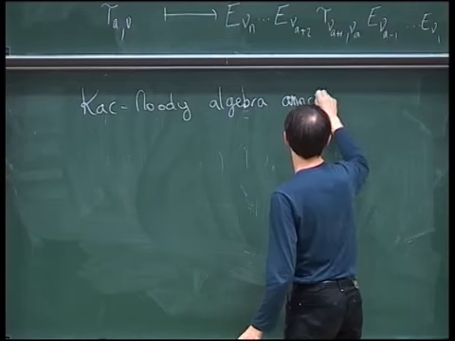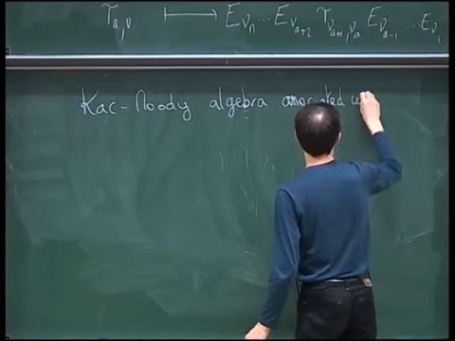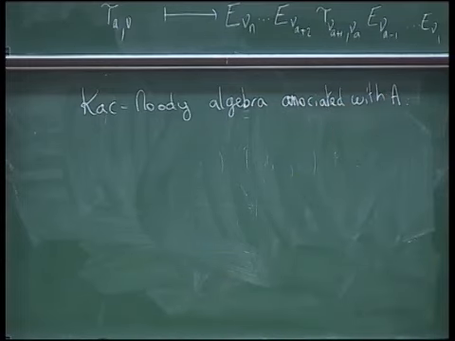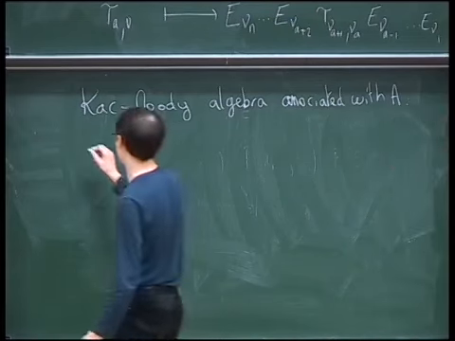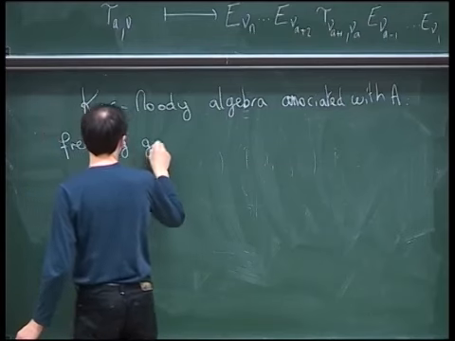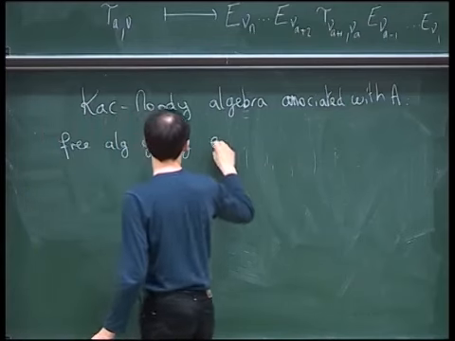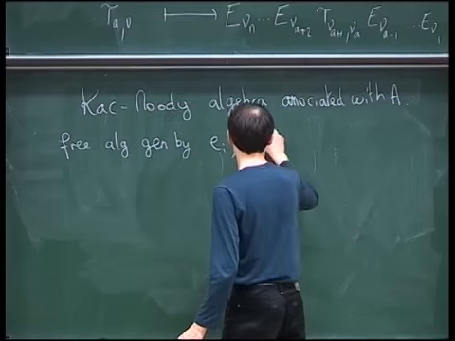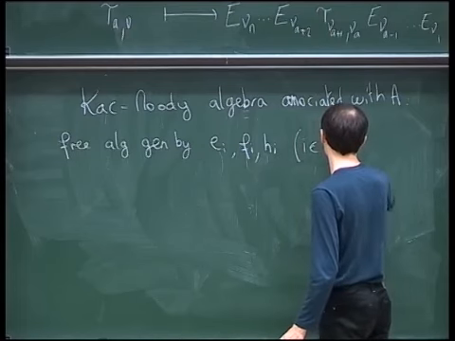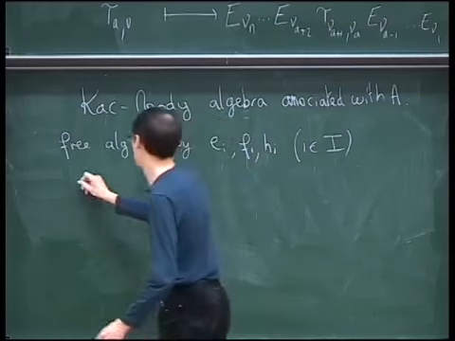Associated with A, what you do is that you take the free algebra generated by elements Ei, Fi, and Hi for i in I, with relations.